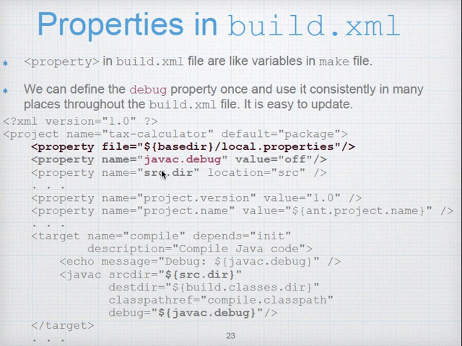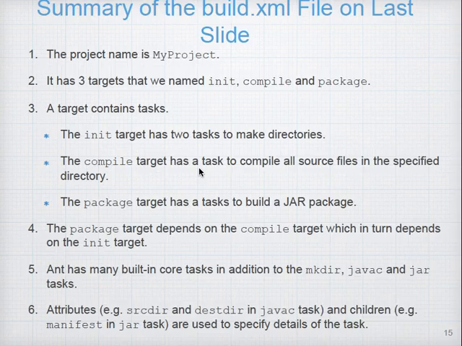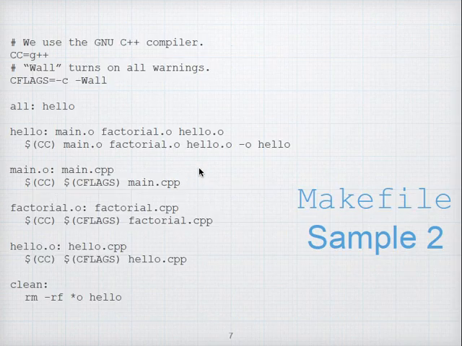But as you can see, sometimes we define properties and they will be used inside the task to specify attributes. So these properties will be used, and it may be nice to define that property at the top, just like the makefile that we saw. In the makefile, if we define something here, then we only change it once, and all the changes will happen in the command.